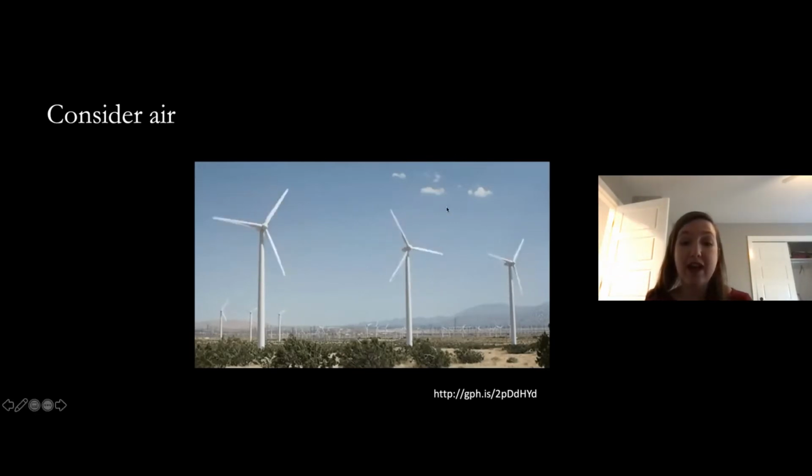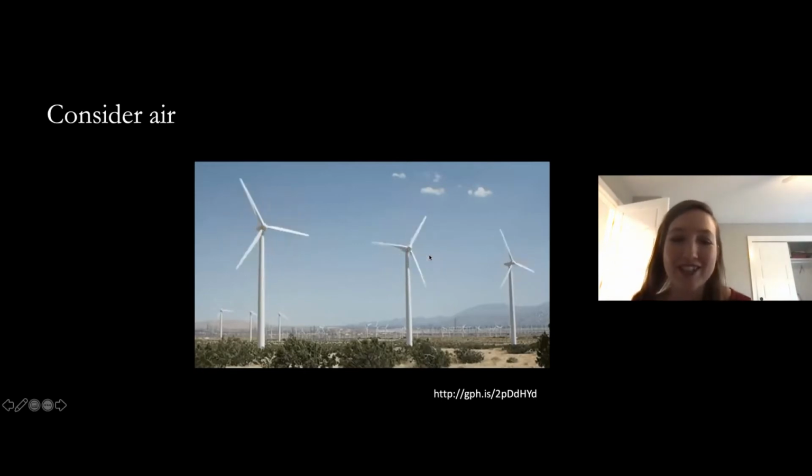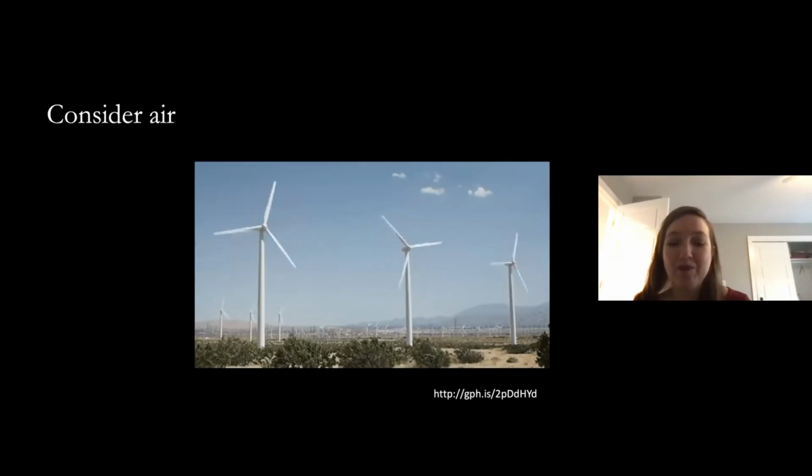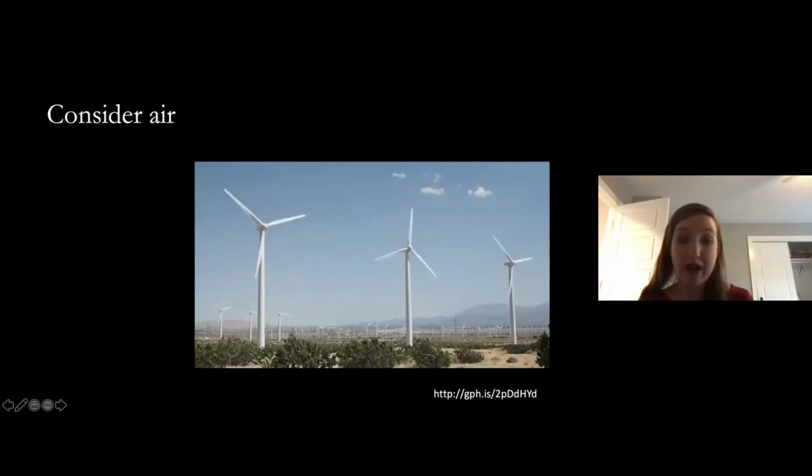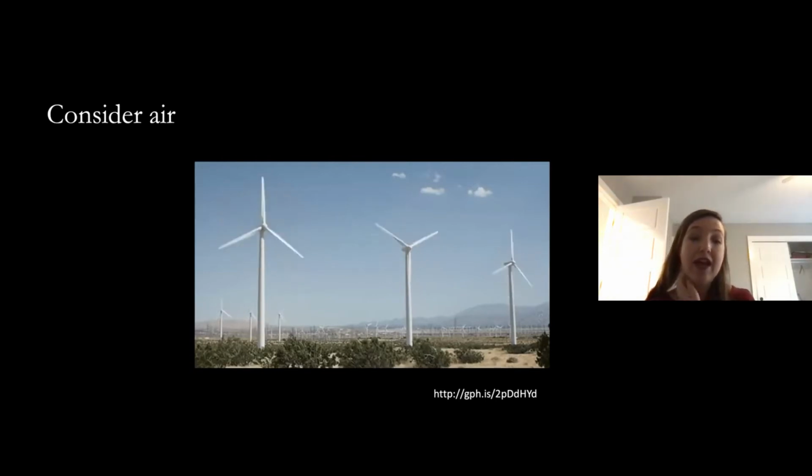This is a GIF that I just found online thanks to Google. It's an image of a wind farm in the Mojave Desert. I can see the blades of the windmill, and I can see them move. The reason I can see the blades move is because sunlight bounces off the blades, and then that light comes to my eyes.